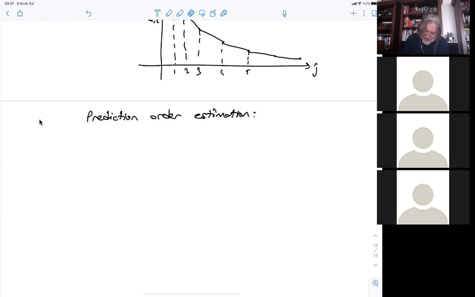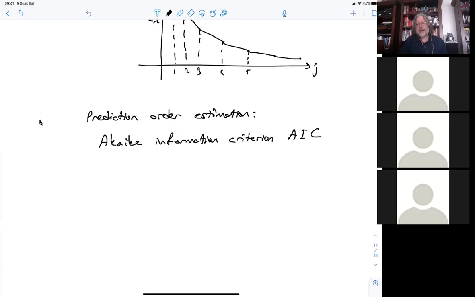Let me write it again. Akaike information criterion, AIC. This Akaike information criterion is just a heuristic, and it's a scientist, I think Japanese scientist's name, which gives you some overfit.